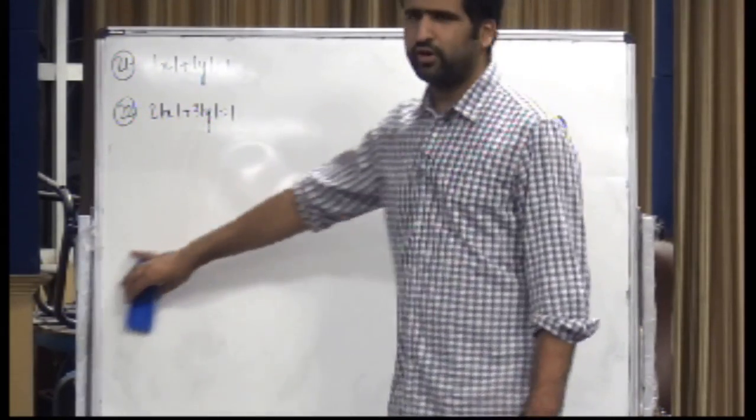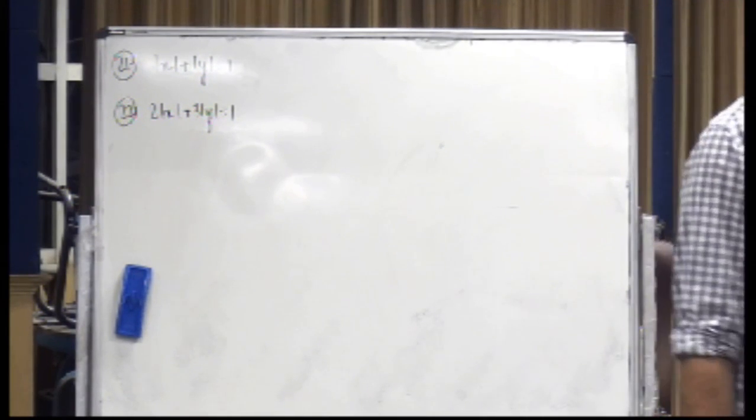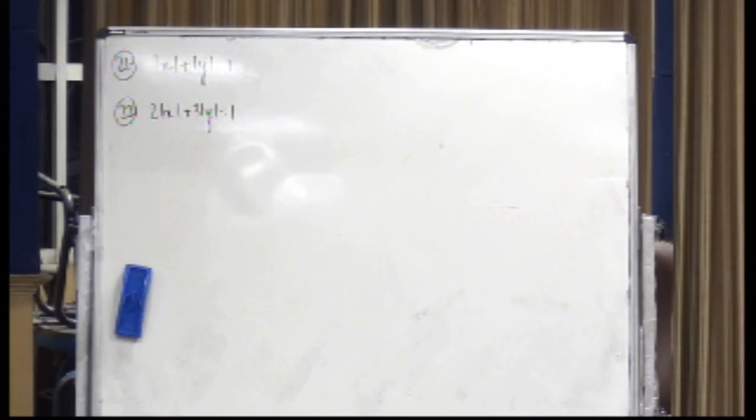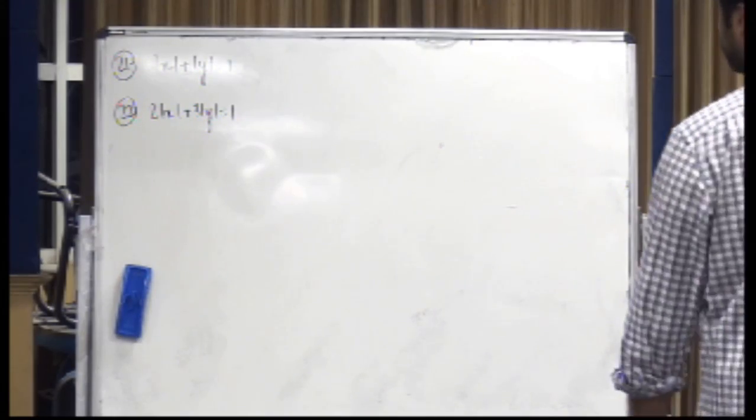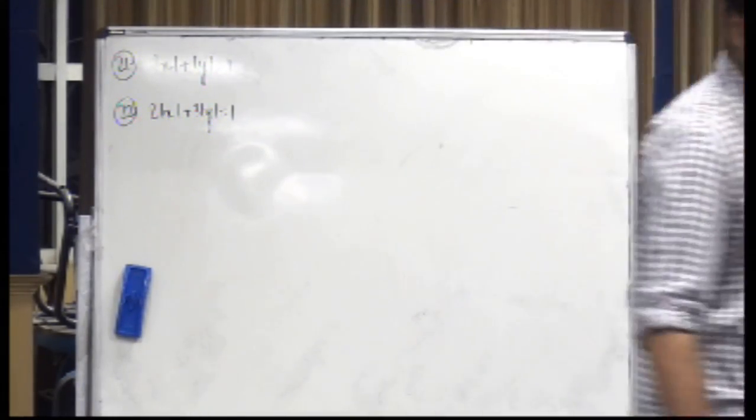Or you can say mod x plus mod of f(x) is equal to 1. So this will contain 4 straight lines, right? When you remove modulus, you get plus minus.